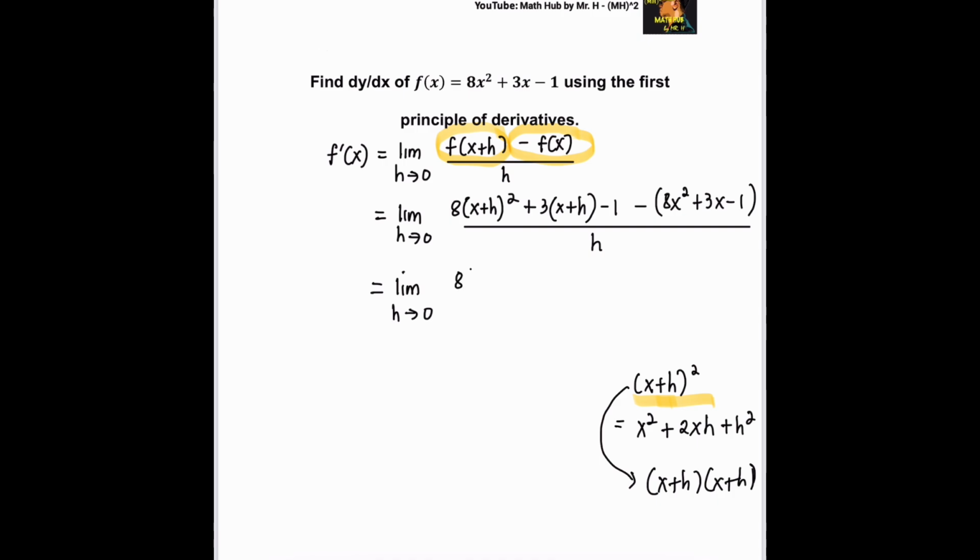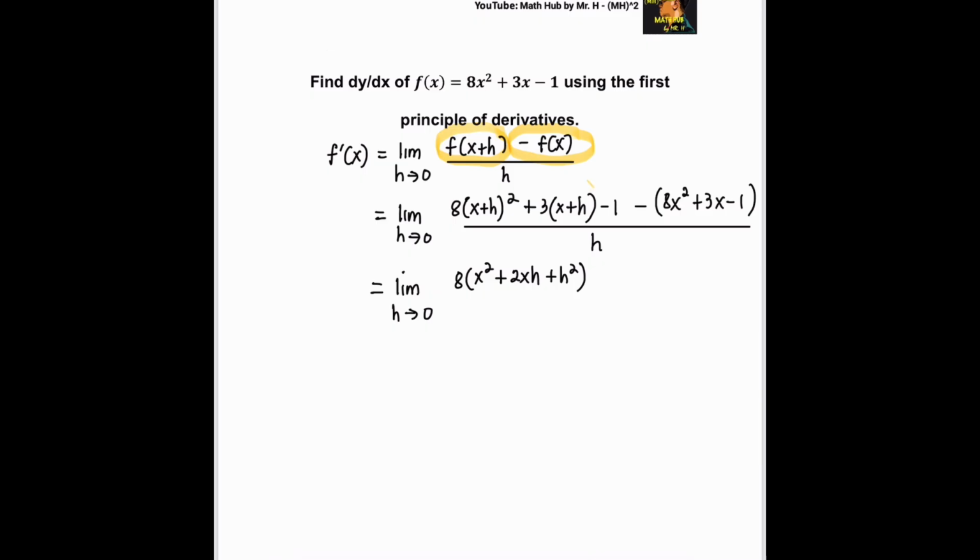Just simply multiply them. I'm going to write that here. So 8 times this expanded form. So x squared plus 2xh plus h squared. All right, and so for this part, we can apply the distributive property. Okay, so that's going to be 3 times x is 3x. 3 times h is 3h. Then we copy -1.